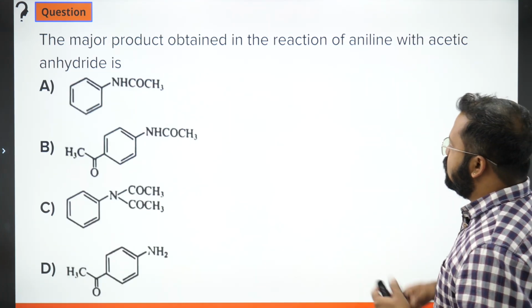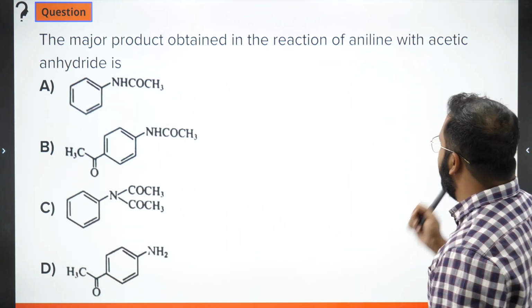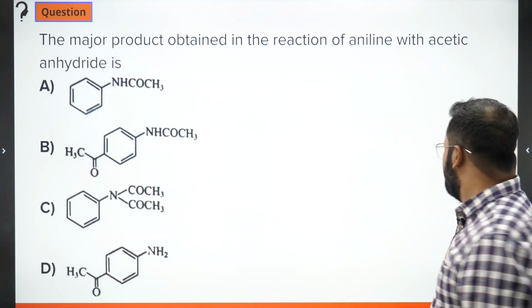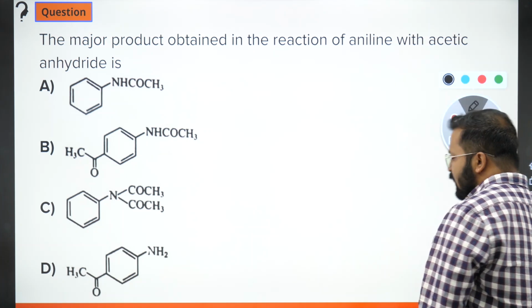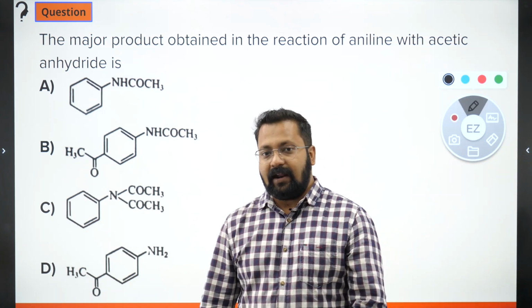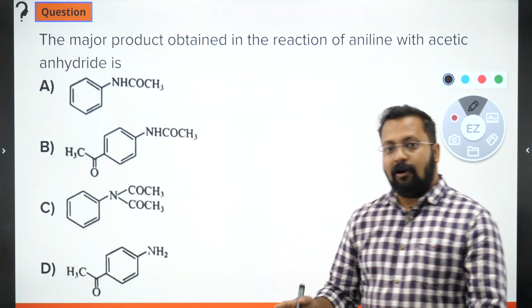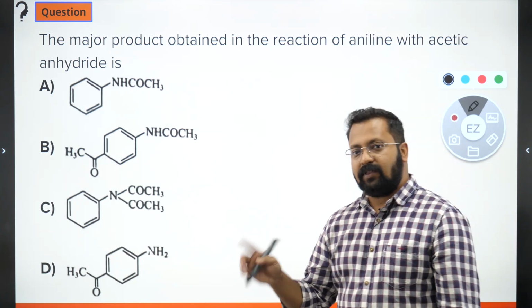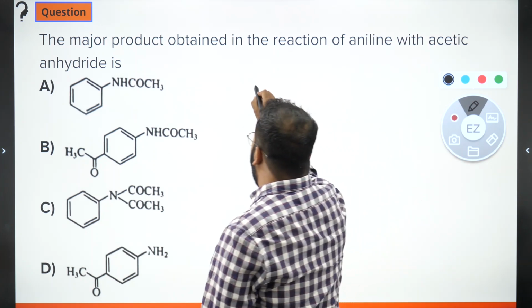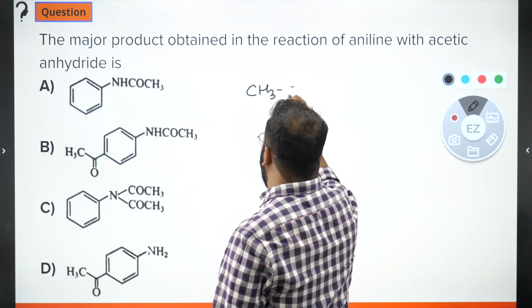Next question is this. The major product produced from the reaction of aniline with acetic anhydride. Very simple question. When aniline reacts with acetic anhydride, तो मैंने आपको पहले ही बताया कि all acid derivatives can react with nitrogen containing compounds to form amides. So this is acetic anhydride.